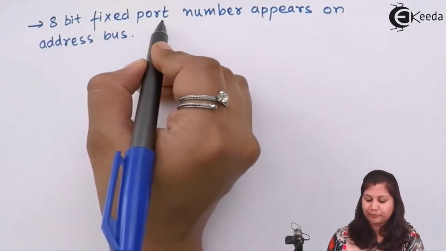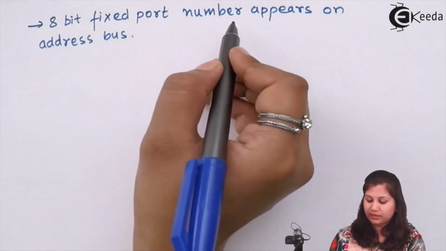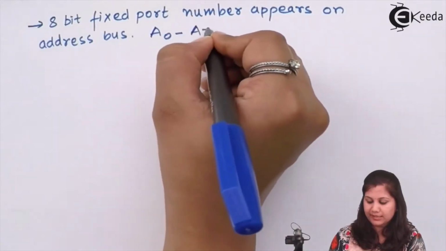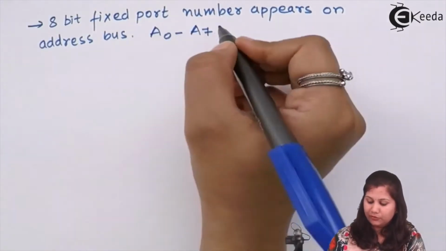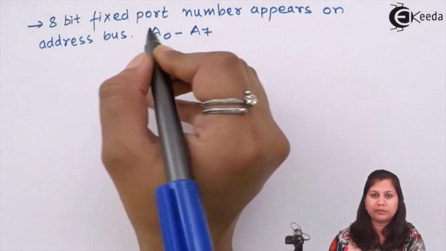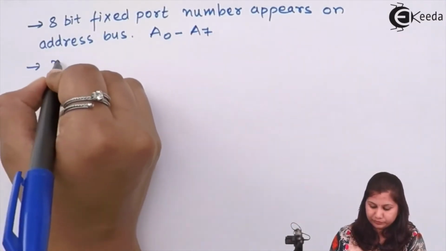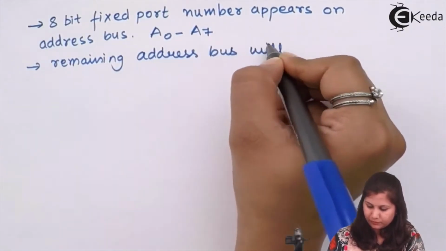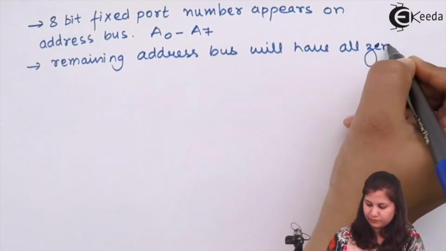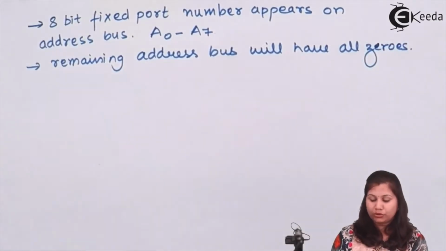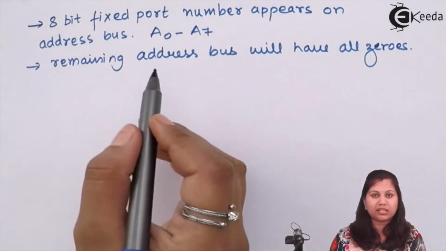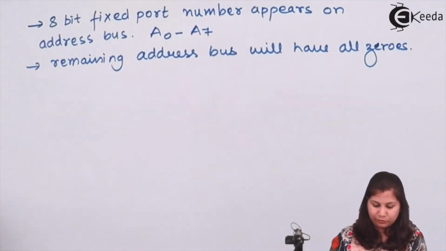Now, if we are using the 8-bit port address, then it will be available on the address bus A0 to A7, and the rest of the address lines will be at 0. So the address lines which are used for identifying the input output port will be used, and the remaining address lines will be kept at 0.